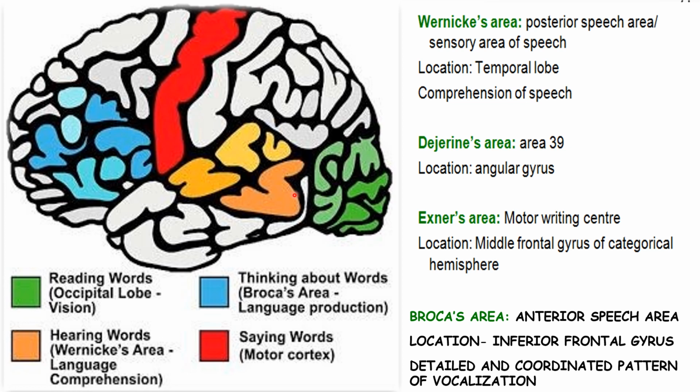So in short, while reading words, the occipital lobe gets activated, and while hearing the words, Wernicke's area, which is for the comprehension of speech, gets activated.